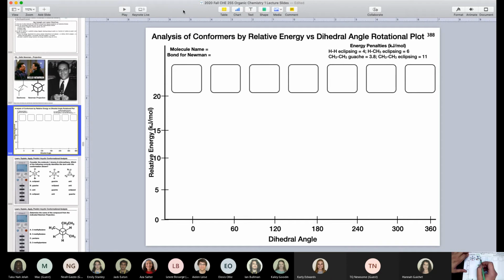Now let's rotate again, another 60 degrees. Again, these are always 60-degree rotations. I'm going to put the back stuff in. Now again, we're staggered, so the bonds go in between. So this actually does have a new energy penalty, even though they're not eclipsing.